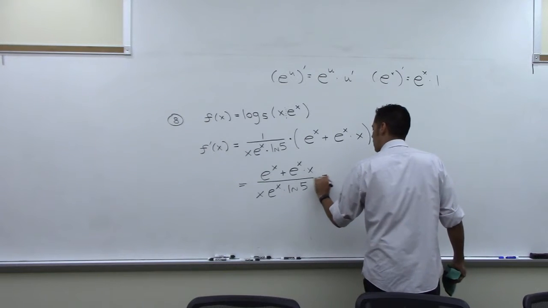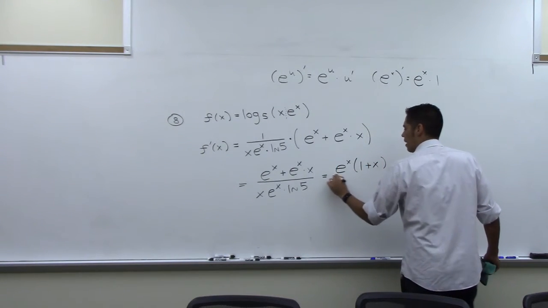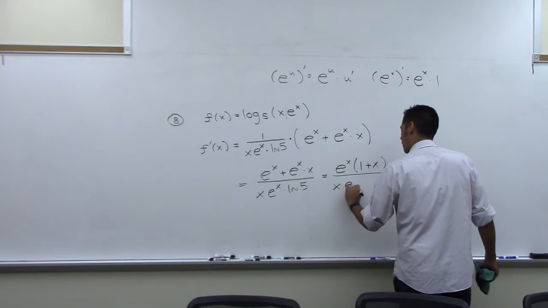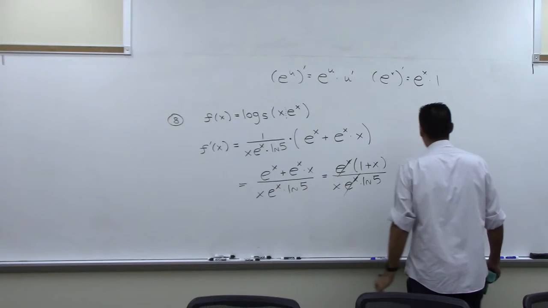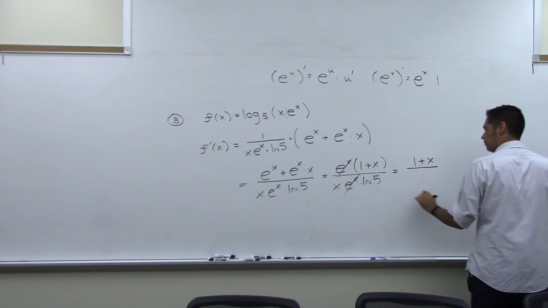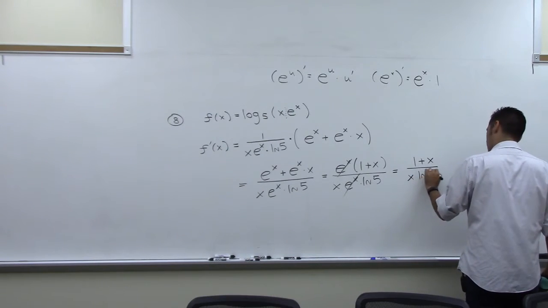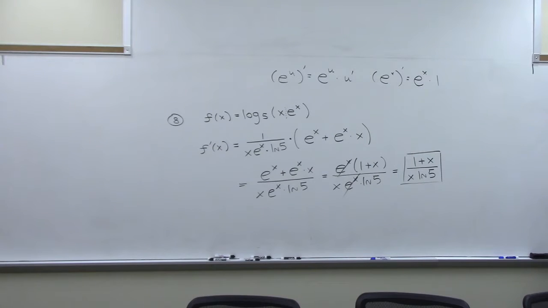I can factor an e to the x out of the top, and then on the bottom, I have that e to the x. Now I can cancel this factor. And so I'd get 1 plus x on top over x times natural log 5. There you go.